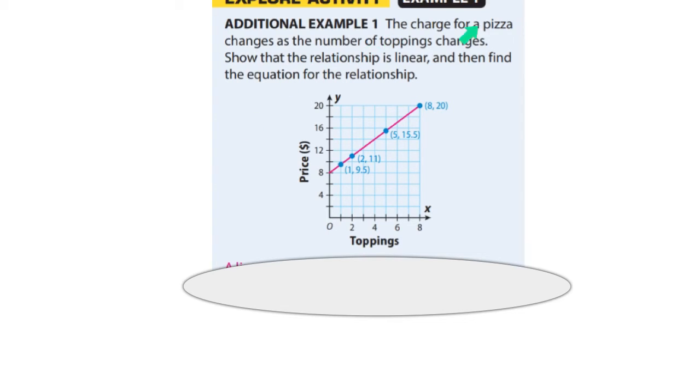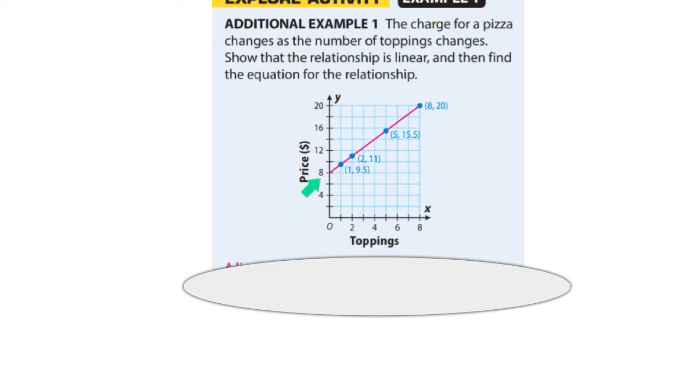Okay, so the charge for a pizza changes as the number of toppings change. Show that the relationship is linear and then find the equation for the relationship. Now, one could argue very strongly that this should not be connected.